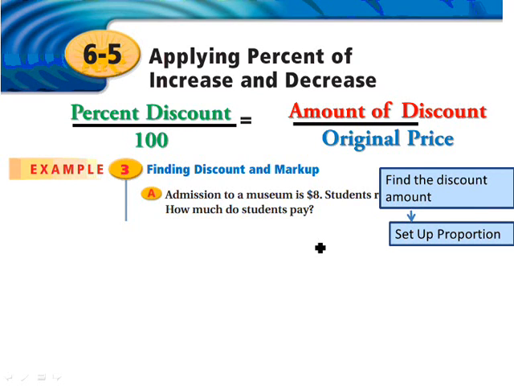In this case, that's the amount of the discount. We know that the discount percentage is 15. And the discount amount is unknown, but it is 15% of the original price, $8.